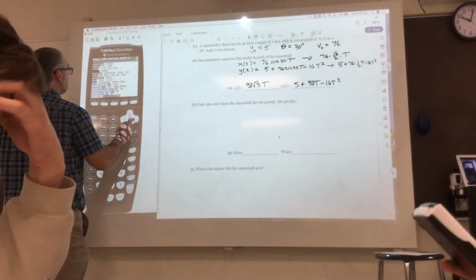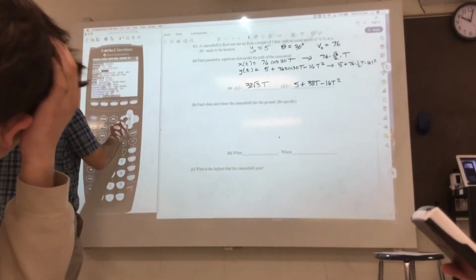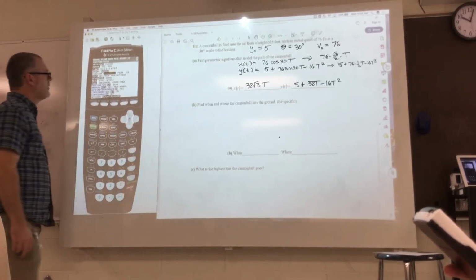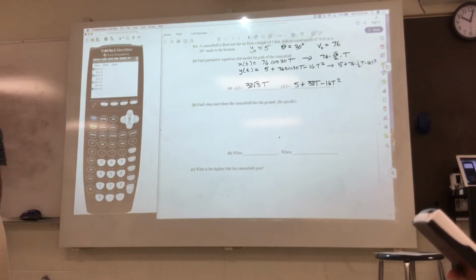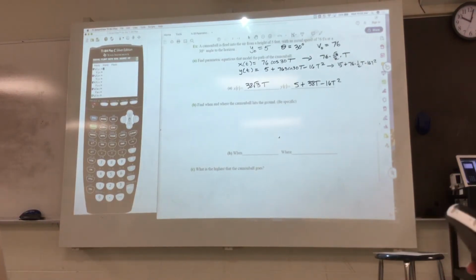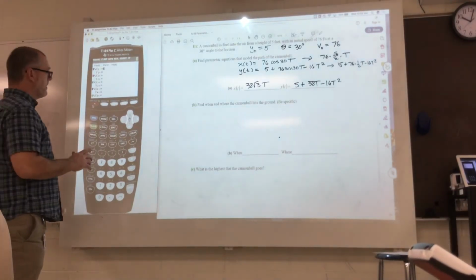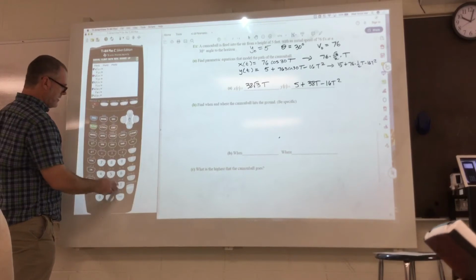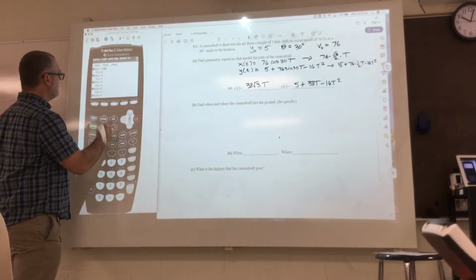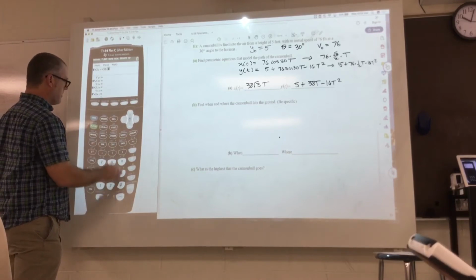So go down to degree mode. And I'm going to show you the horrible way to do this using your calculator. I'm going to warn you now, time is going to be an issue on quizzes and tests in this unit. There's a lot of stuff to keep track of and think about. The tests aren't really long in themselves, but they're not exactly easy, so you want to really make sure.